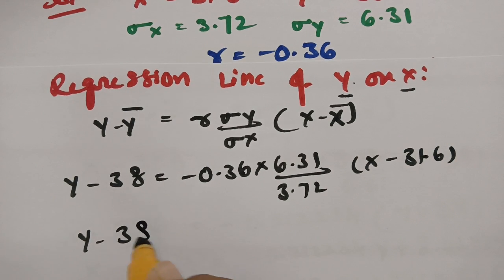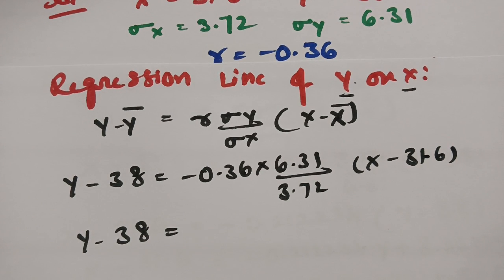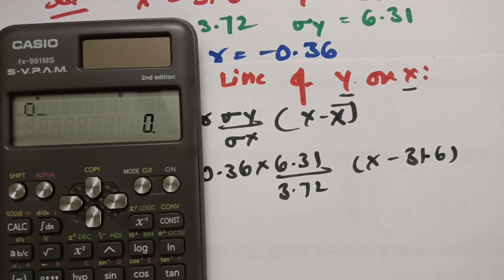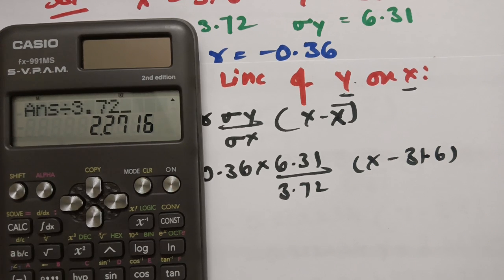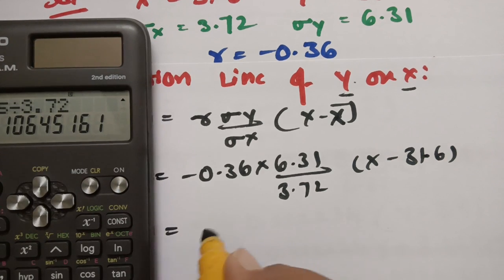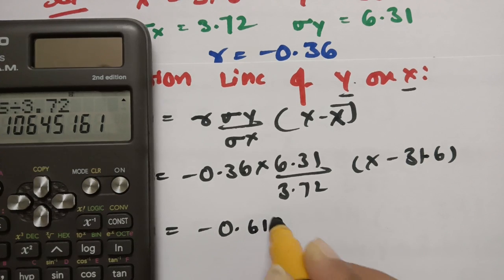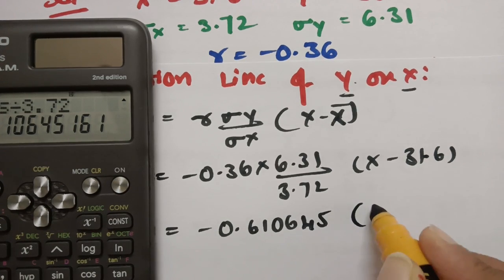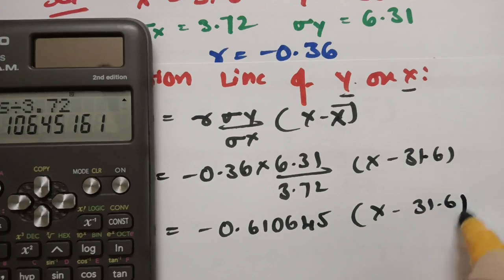Now we have to calculate: y minus 38 is equal to 0.36 into 6.31 divided by 3.72. The value here is minus 0.61045 into x minus 31.6.